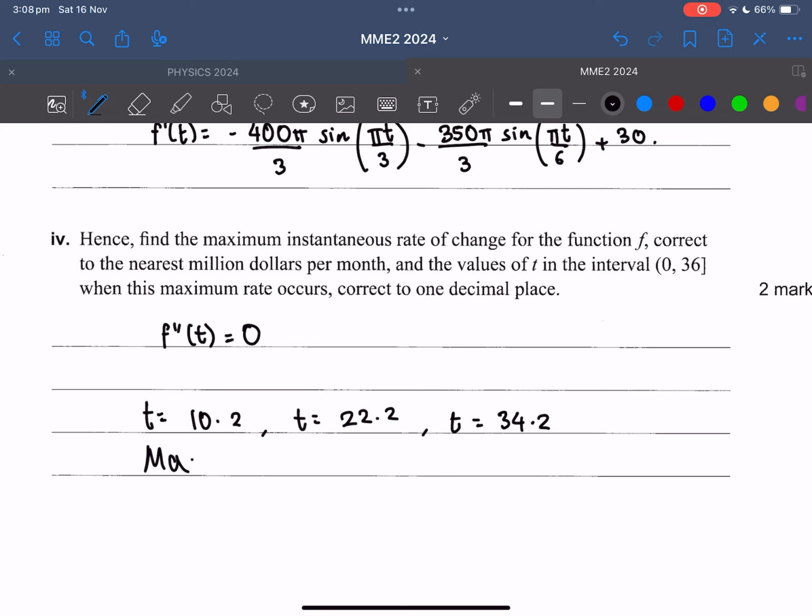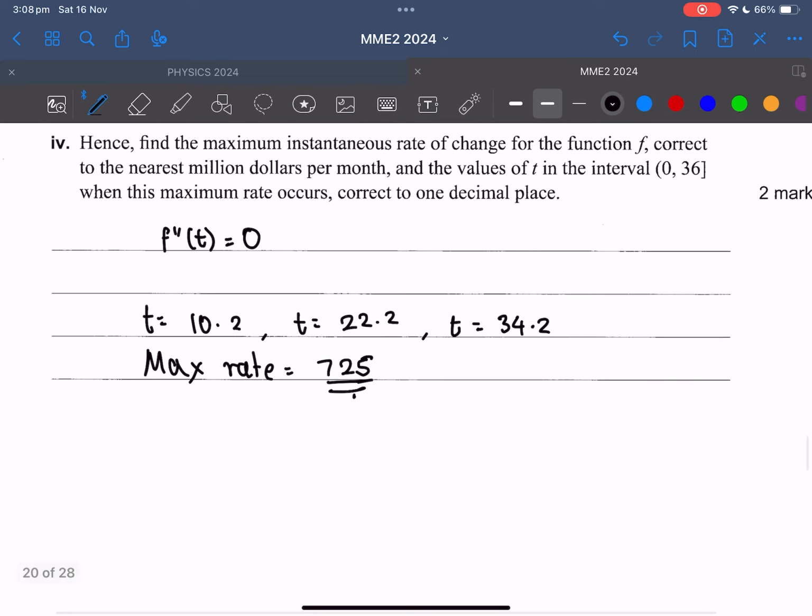And our maximum rate is basically 725. Okay? Yeah, so that made the entire question quite easy. So graphs always help. So if you are stuck, just graph it out and you mostly get your answers that way as well. Okay, so let's go to the next page.